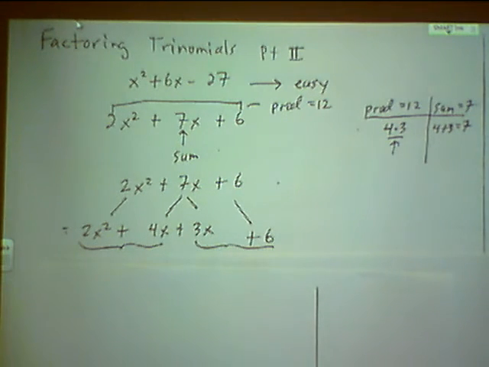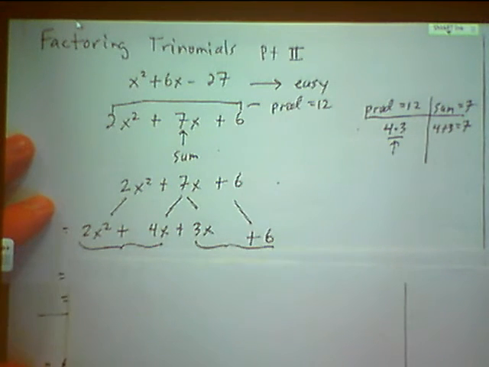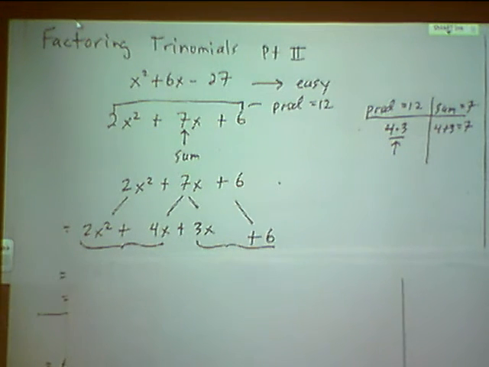So now we've gone from having 3 terms to 4 terms. And if you remember, whenever we have 4 terms, the way we factor it is to factor by grouping. So we're going to take the first 2 terms, and I'm going to see if there's a GCF. So I have 2x squared plus 4x, and I notice that the GCF is 2x. So I have 2x, and in parentheses x plus 2. And then I look at the 3x plus 6.